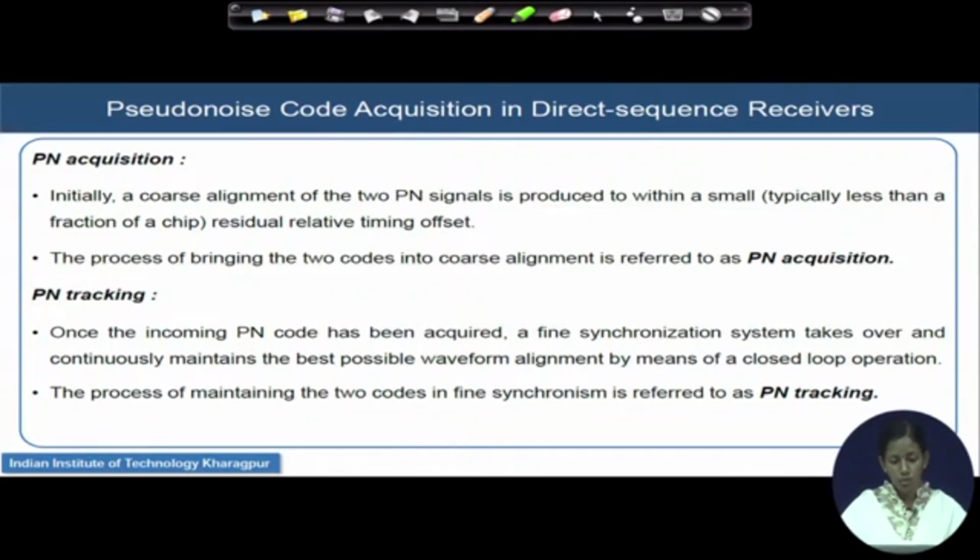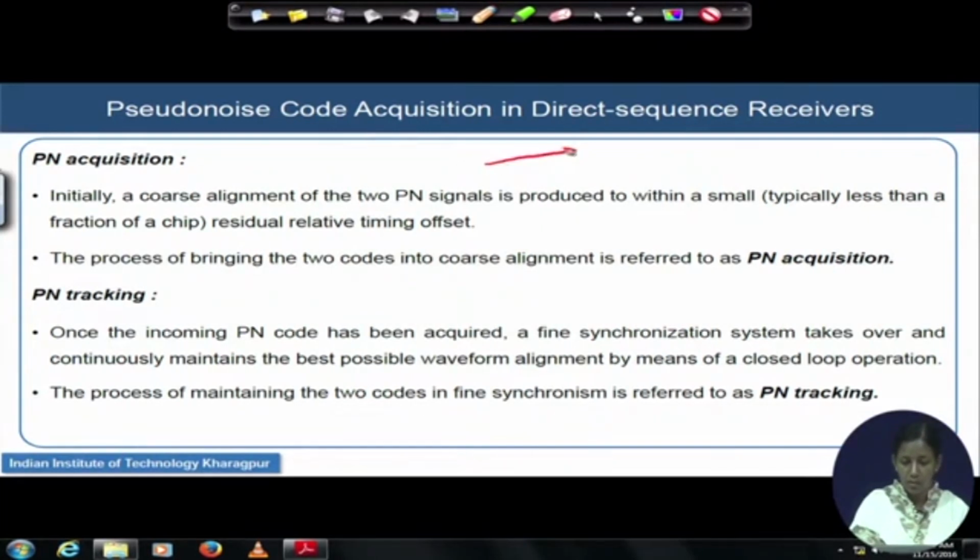In coarse synchronization, there are two PN signals in our hand: one is the incoming signal coming from the RT, another is our locally generated PN sequence. So, we are trying to synchronize the PN code inside the RT and the PN code that is locally generated.